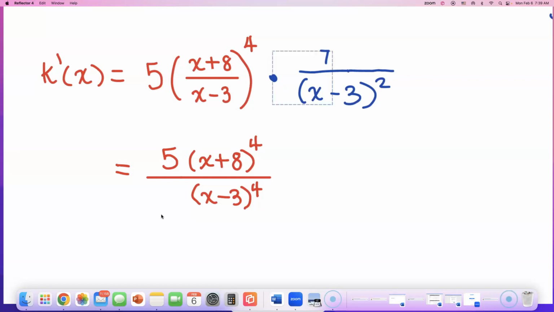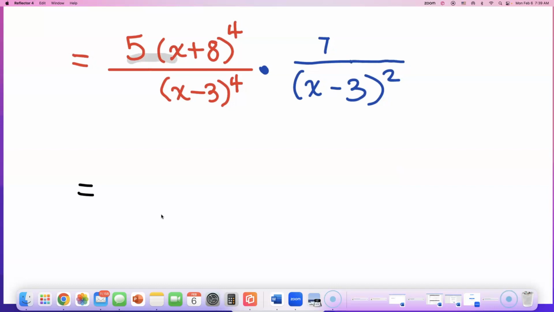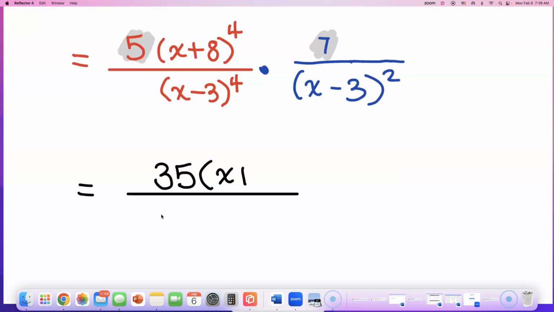Now, let's bring this down the same for right now. Okay, and now we're going to multiply these, okay? If you multiply the numerator, let's focus on the numerator. You notice there's 5 and 7, right? Make that to be what number? 35. And you'll have x plus 8 to the 4th power, okay?